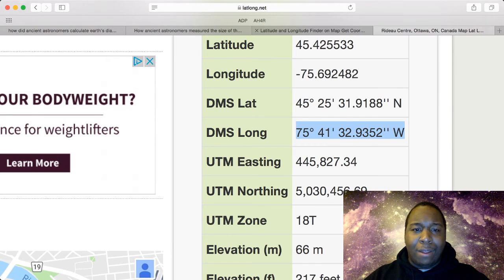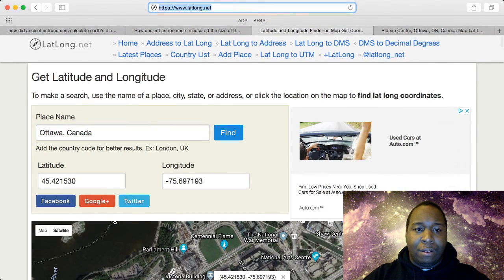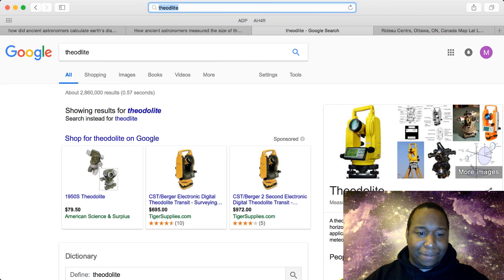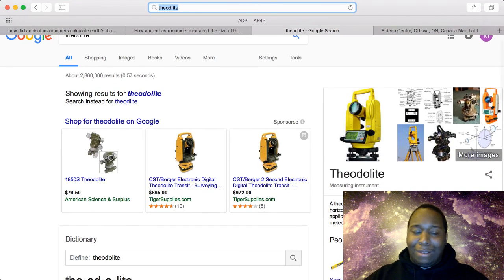Yep, we use this thing. We use this to make our measurement of the elevation or the altitude or the elevation angle of Polaris relative to our local horizon.